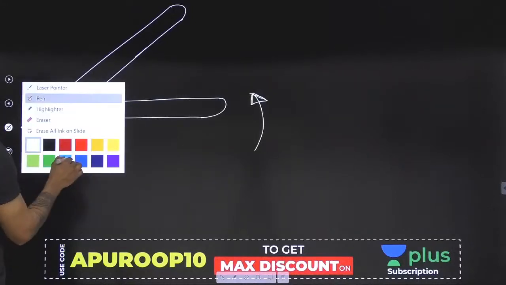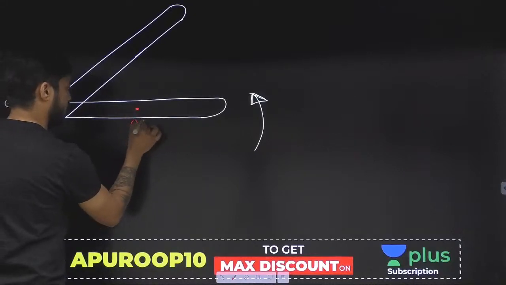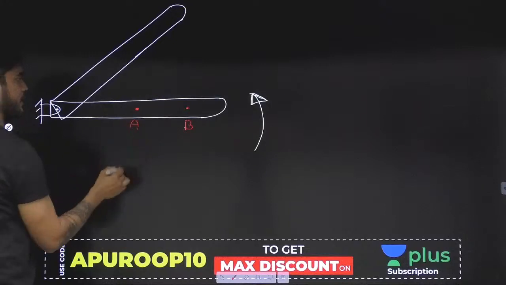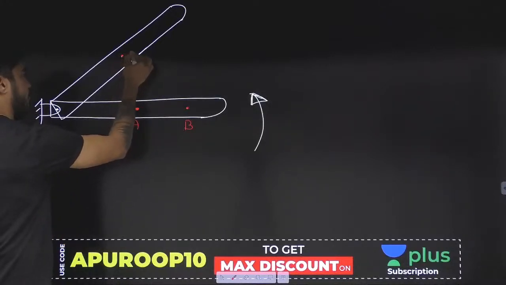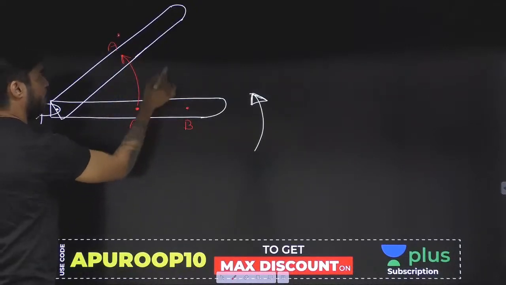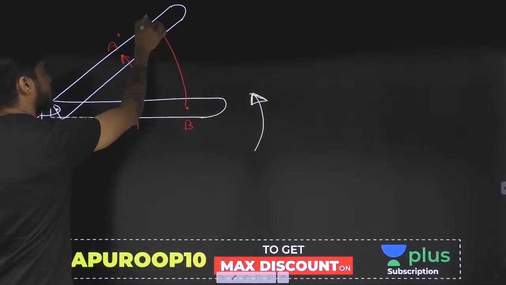Now consider any 2 points. Let's say this is point A, this is point B. So initially they were here, and after some time A reached to here, A dash, and B reached to here, B dash.